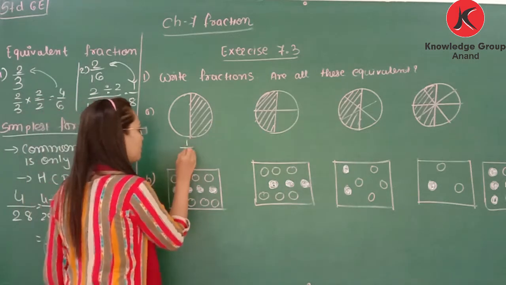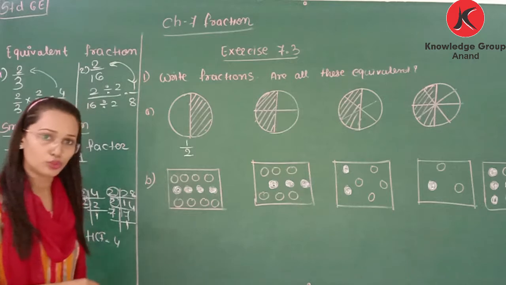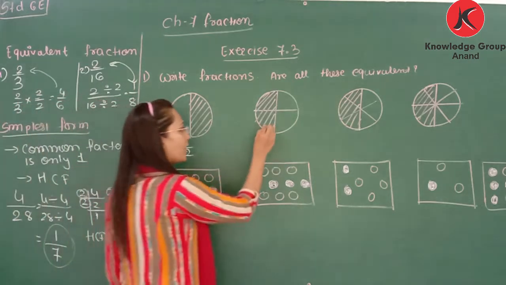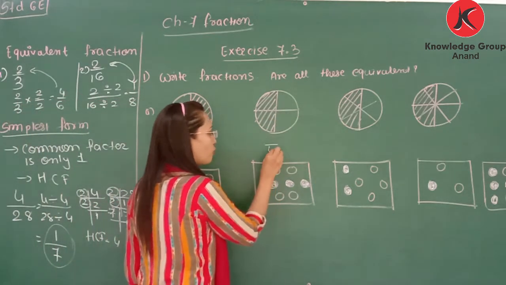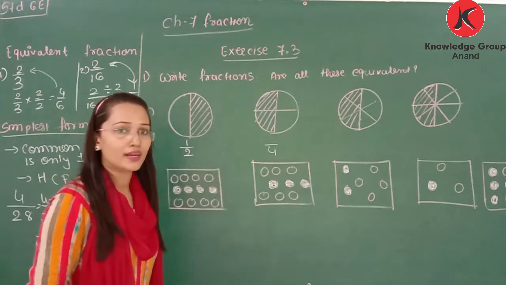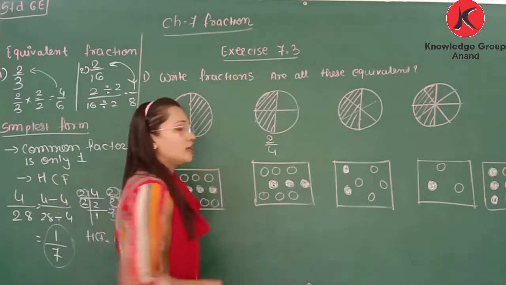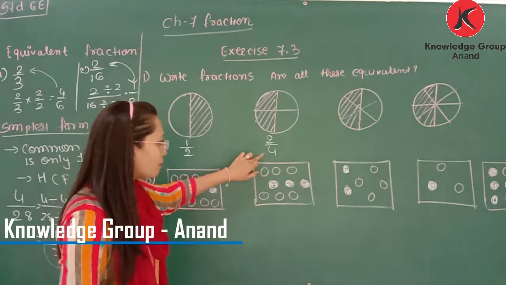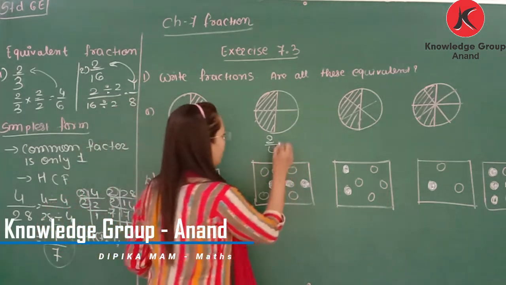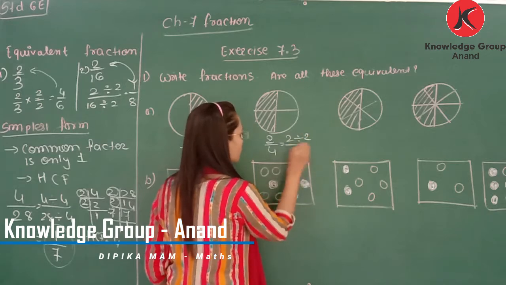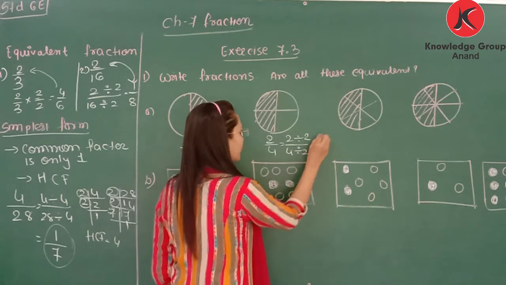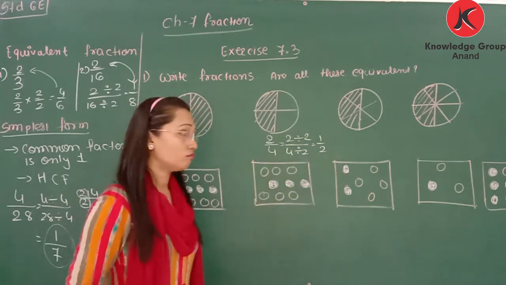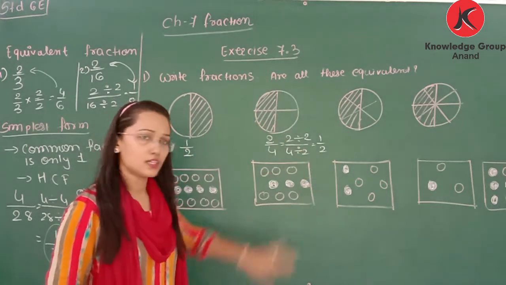So it is represented as the fraction 1 by 2. Now the second figure is divided into 4 parts, and 2 are shaded. We convert this into simplest form. Both numbers are divisible by 2, so 2 divided by 2, 4 divided by 2, we get 1 by 2. This figure represents 1 by 2.